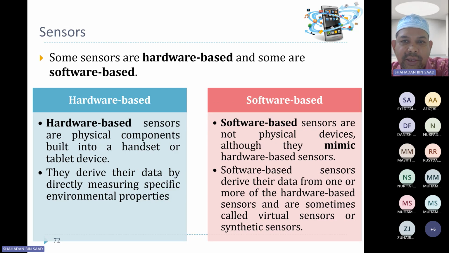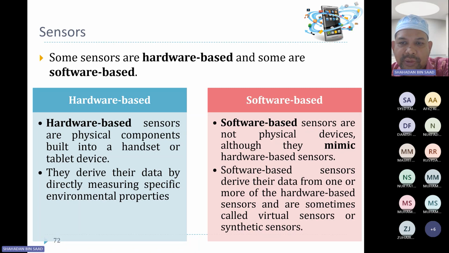Some sensors are hardware based and some are software based. Ada ke software based untuk sensor? Okay, hardware based kita tahu lah, sensors are physical components built into a handset or tablet device. Dia ada chip dalam tu kan. They derive their data by directly measuring specific environmental properties.